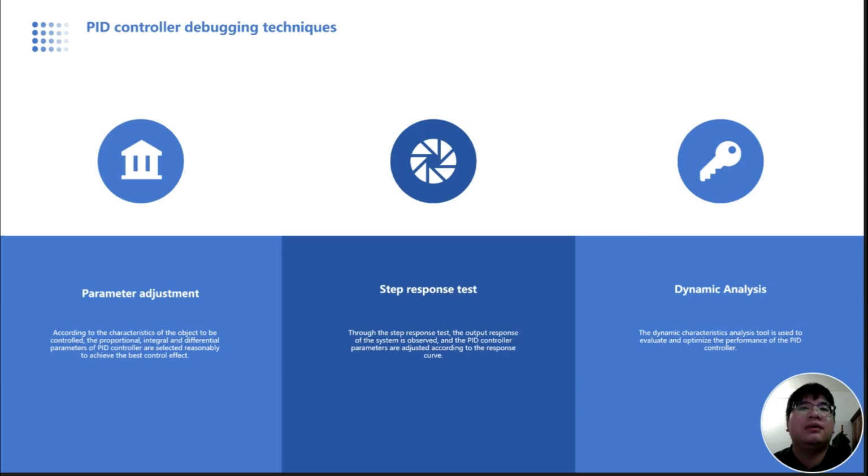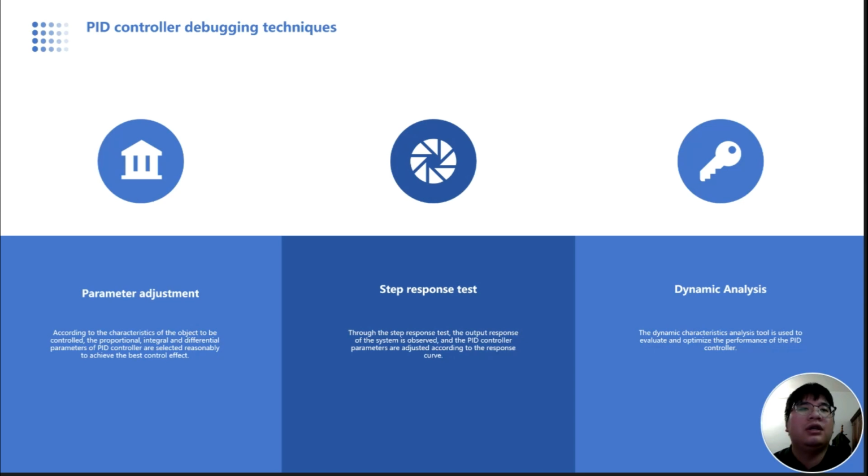The second and the most important technique is the practical method of parameter tuning. In addition to the principles we mentioned earlier, there are 3 specific operations here.